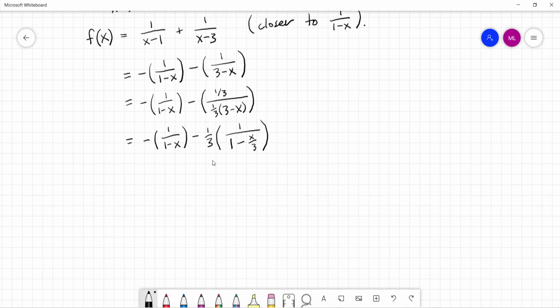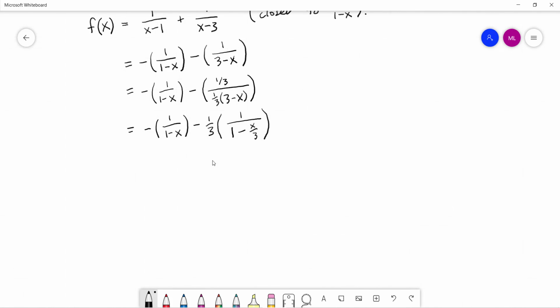So with all of this in mind, I can basically get the two separate series for this added together. This first one, I'll have a negative sign, and it's going to be the sum from n equals 0 to infinity of x to the n.